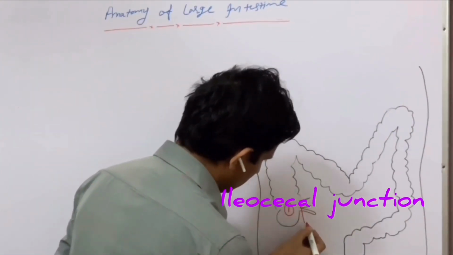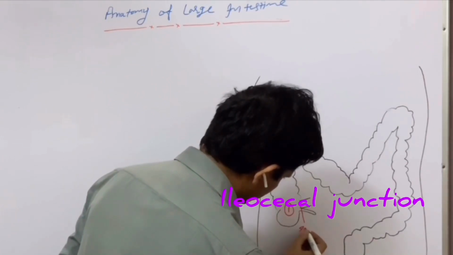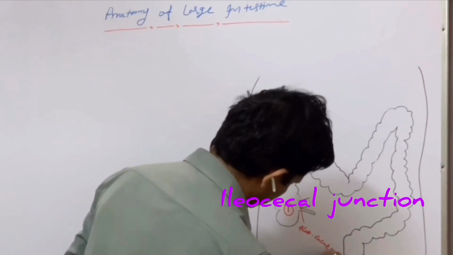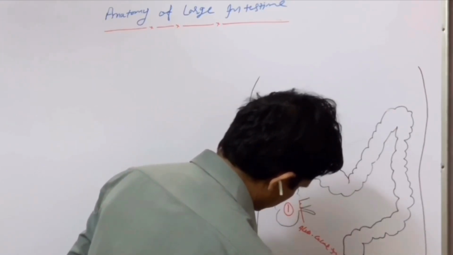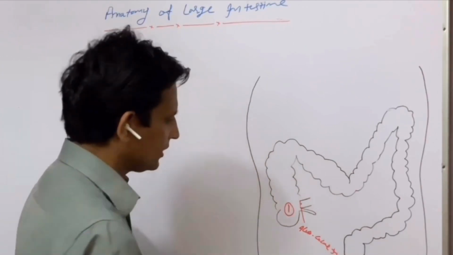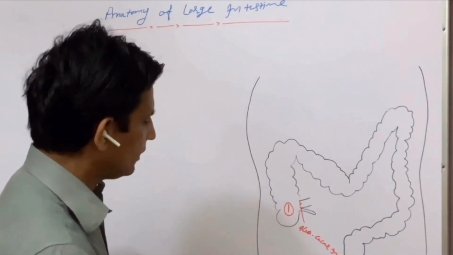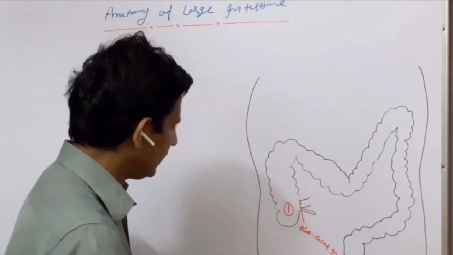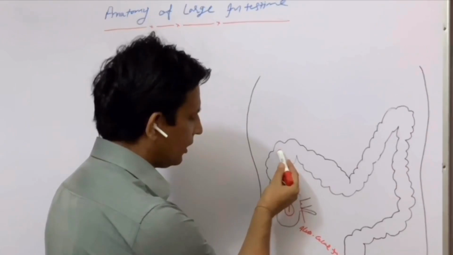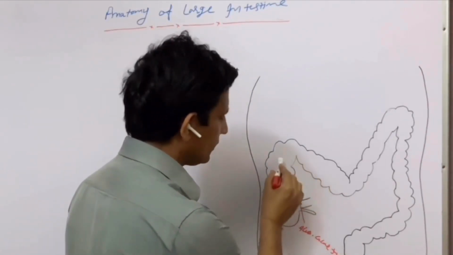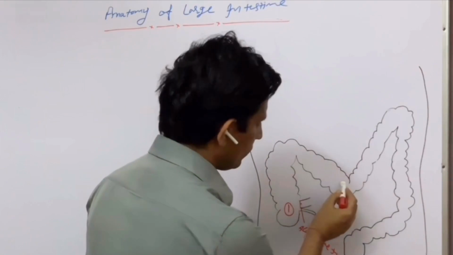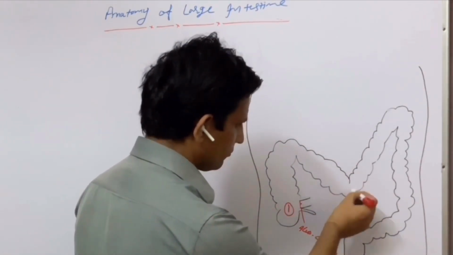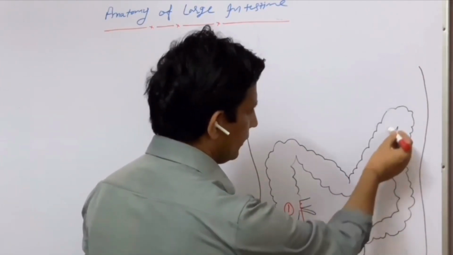So this part is known as the ileocecal junction. It means the large intestine starts from this point. It runs upward, then it takes a turn and goes downward and to the midline, and from here, near the midline, it ascends again, right?